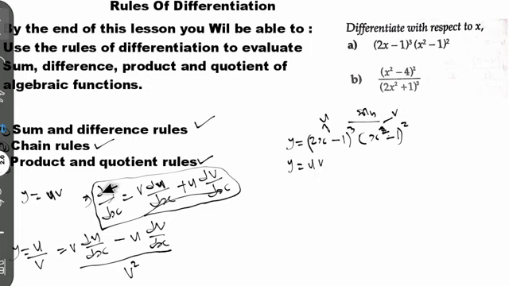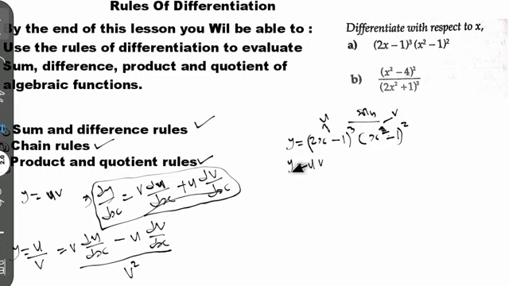Now let's apply the expression of the product rule to solve this problem. To find dy/ds of this problem, you must obey the general form of the product rule. Because this one is part u and this one is part v, let me write the expression out.